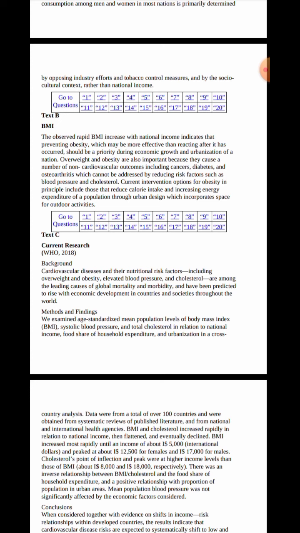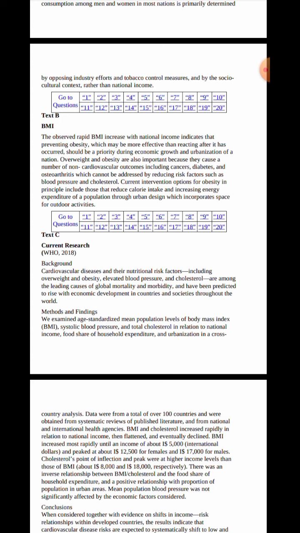Now let's start with text B. Don't forget we are looking for cholesterol and morbidity. The first line, let's scan. Cholesterol is not there. The second line, preventing obesity, cholesterol is not there. The third line, should be a priority, not there. Fourth line, nation, overweight, it's not there. Fifth line, numbers, like that.